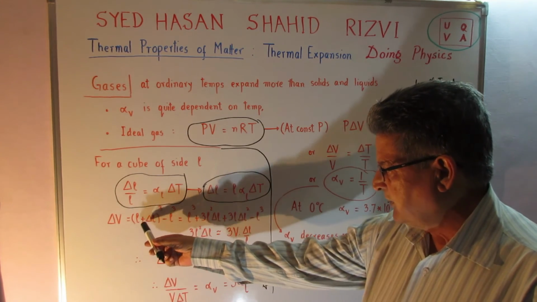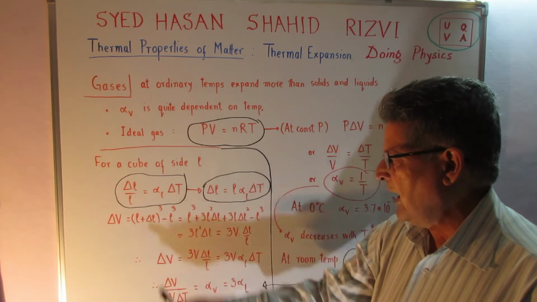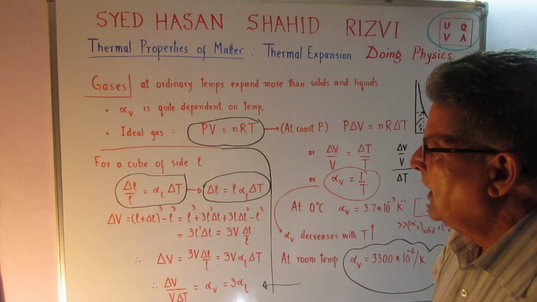Because all sides are equal in the cube, the volume of the cube is L cubed. The volume of the expanded cube will become (L plus delta L) whole cubed.